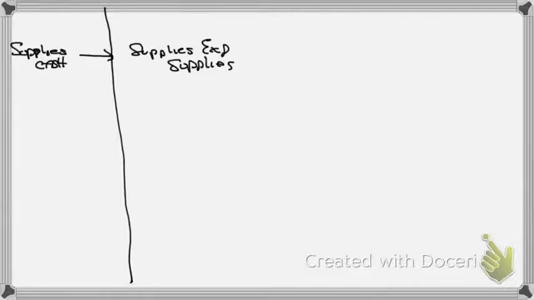Another example is rent expense and prepaid rent. We debit prepaid rent and credit cash when we pay for 6 months of rent, but as we use up the rent at the end of the month, we have to account for the fact that we used it up.